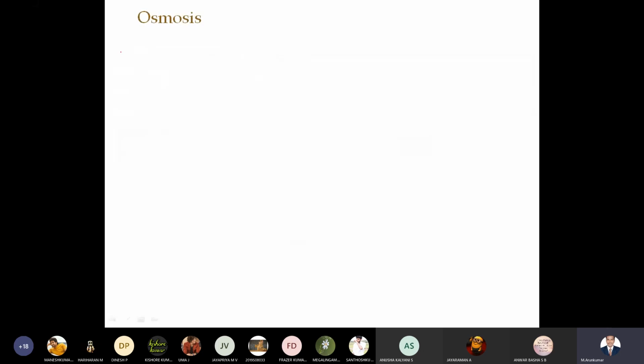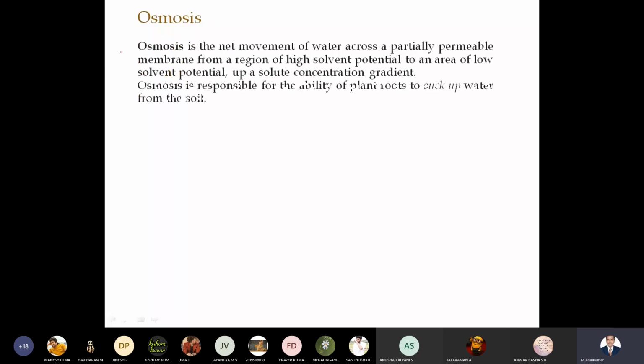Then you know the process osmosis. During your school days, you may have learned this process. Osmosis is the net movement of water across a partially permeable membrane from a region of high solvent potential to an area of low solvent potential, down a solute concentration gradient.